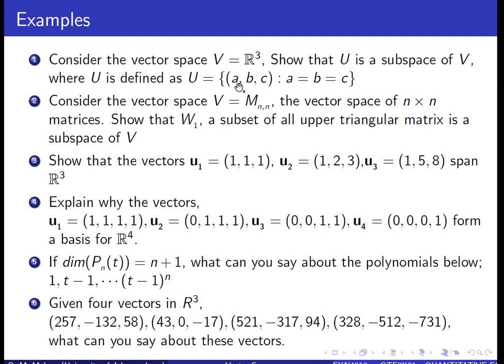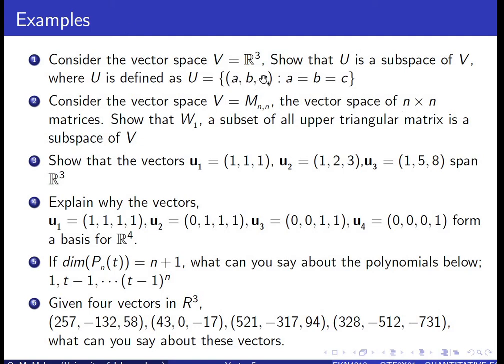And it is defined in such a way that a equals b, and b equals c. As you can see here, my sets are defined differently. In this case, my set U is in R3, where every component is equal to each and every single component.